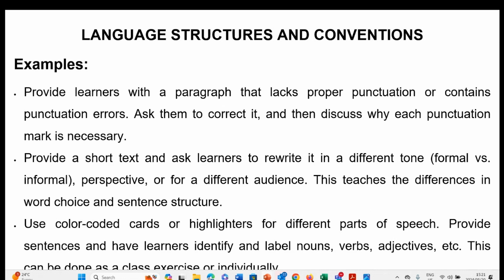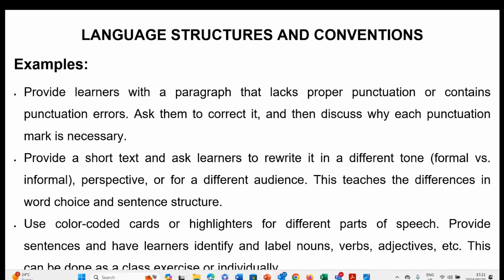Let's look at the examples for language structures. We could provide our learners with a paragraph that lacks proper punctuation or contains punctuation errors and ask them to correct it and then discuss between themselves why each punctuation mark is necessary.